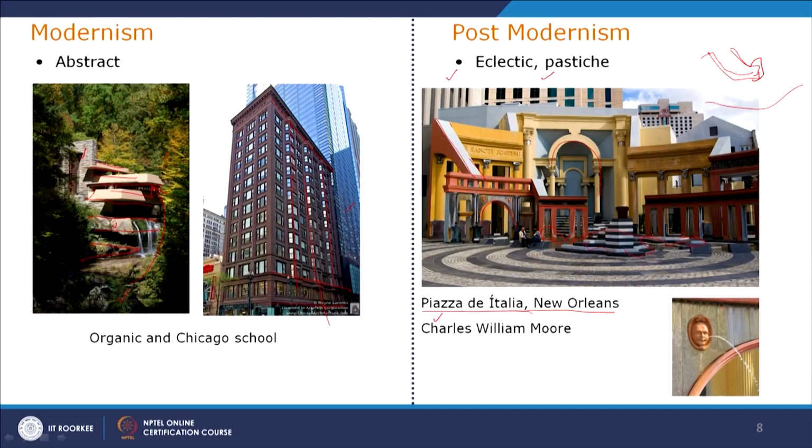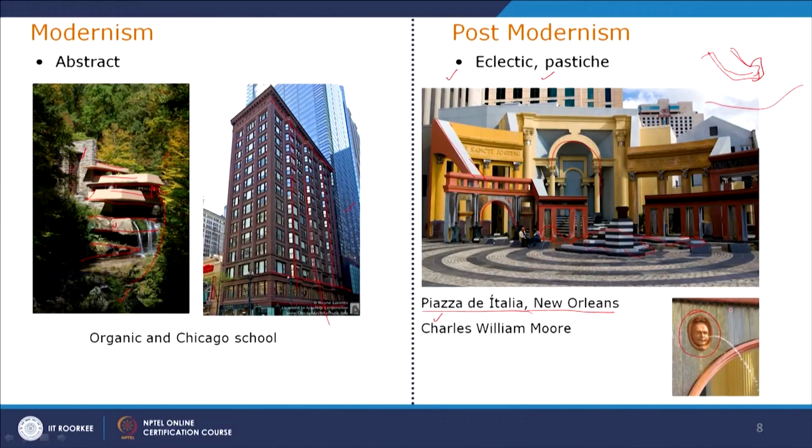And mimicry is also done in a different way. So this is the face. This also takes the concept of the gargoyle, and from there the water spout comes out of the gargoyle's mouth, which was there in European contexts, and even in some Indian contexts we have seen water spouts come out of an animal's mouth. Here he has made the face, and this face is actually Charles William Moore's own face.